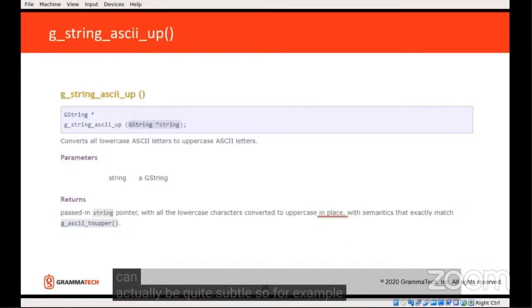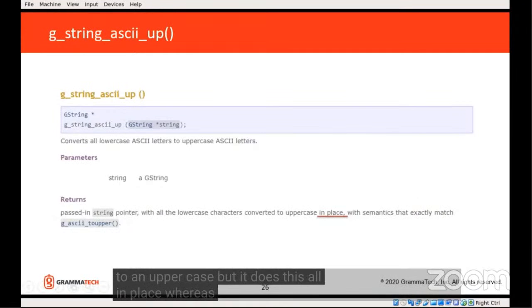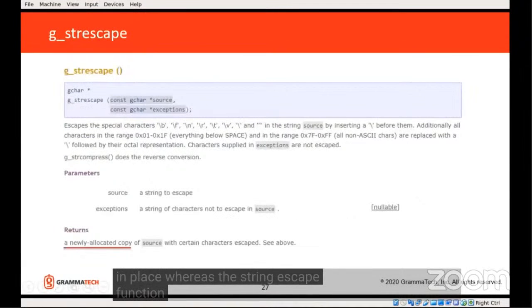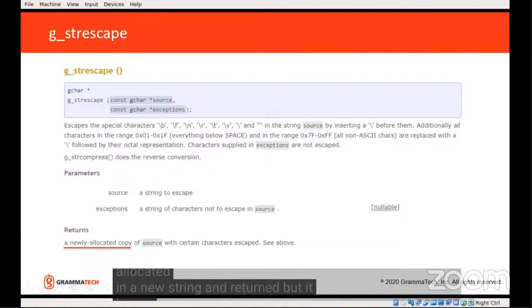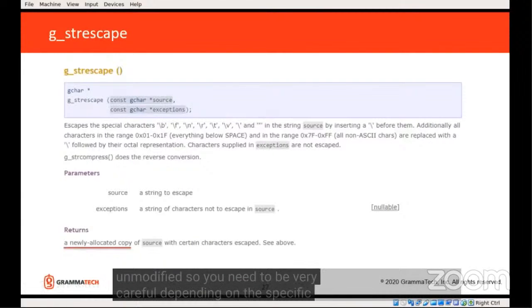So, for example, the g_ascii_strup function converts an input string to uppercase, but it does this all in place, whereas the g_strescape function escapes certain characters in the input string to make it safe. But the safe string is actually allocated in a new string when returned, and it leaves the input string completely unmodified. So you need to be very careful, depending on the specific string API, whether the input string is modified or a new string is allocated and returned.